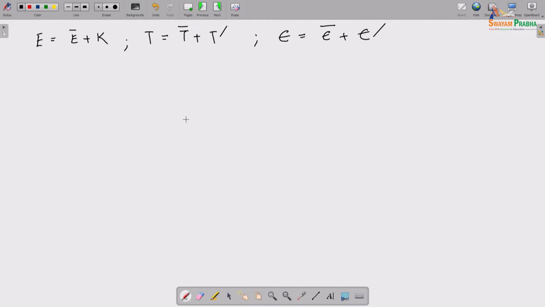Okay, so then we have the equation, which is basically this is equal to epsilon, right?